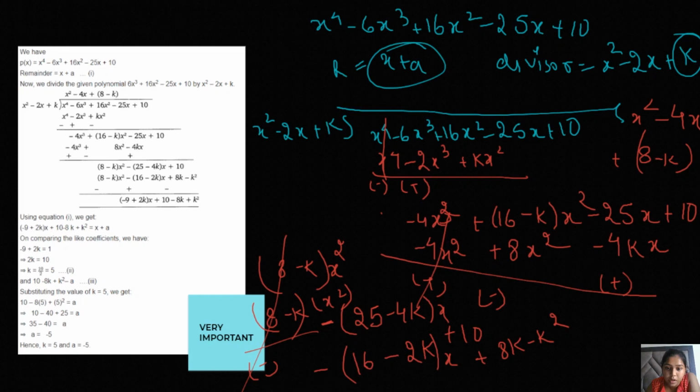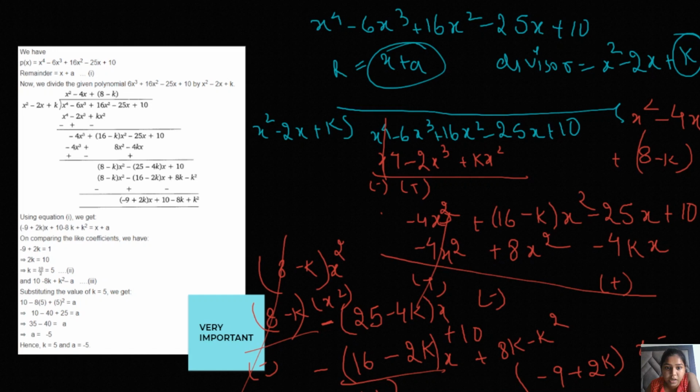This will be positive, so this is something like minus 25 plus 16, that will be minus 9, and plus 2k, plus 2kx, plus 10 minus 8k, and plus k². This is the remainder you people are getting.